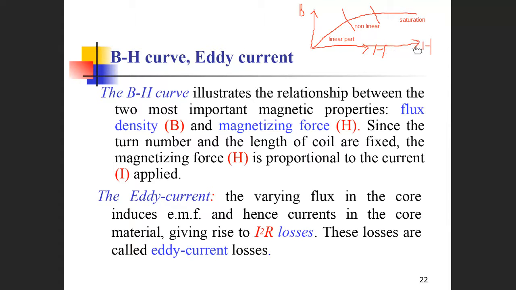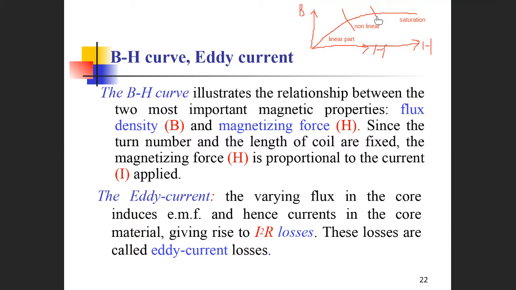And finally, when you increase the H, that means the current, further, the B no longer increases anymore. That is the saturation. That means the flux is already full inside the core. The core no longer allows more magnetic flux lines.